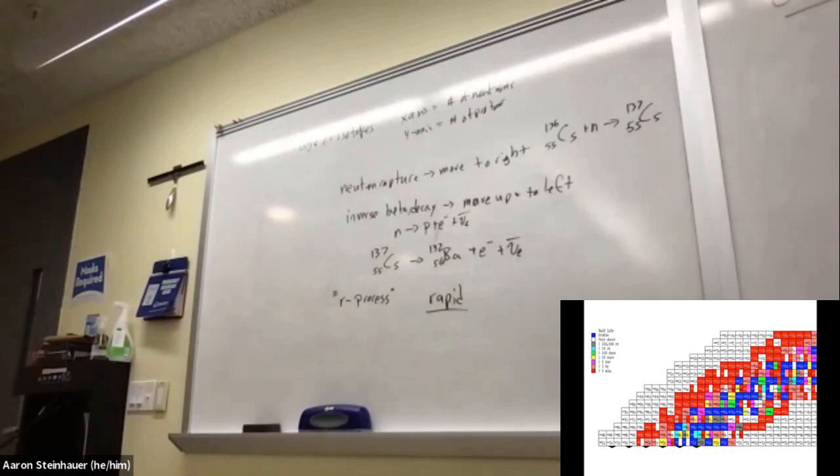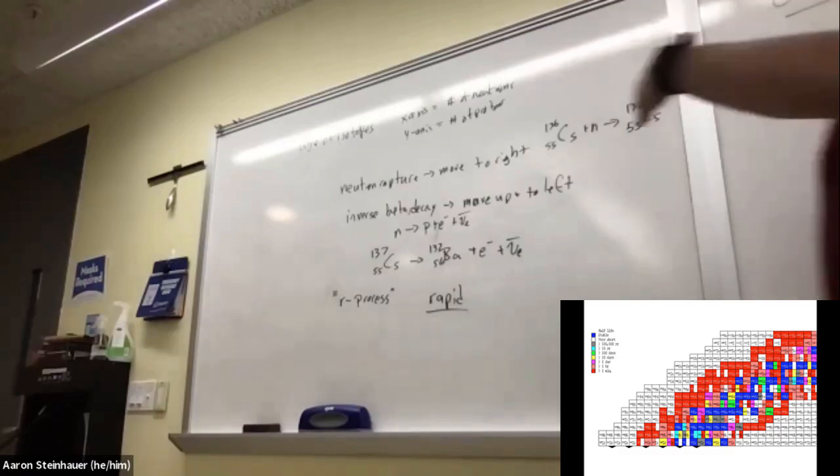Here are stable elements, and here are elements that have increasingly short half-lives. You can sort of see the island of stability, and as you move away from the stable line, they become more and more unstable.